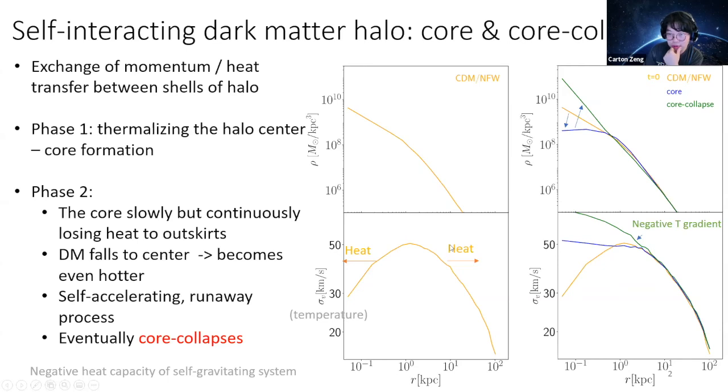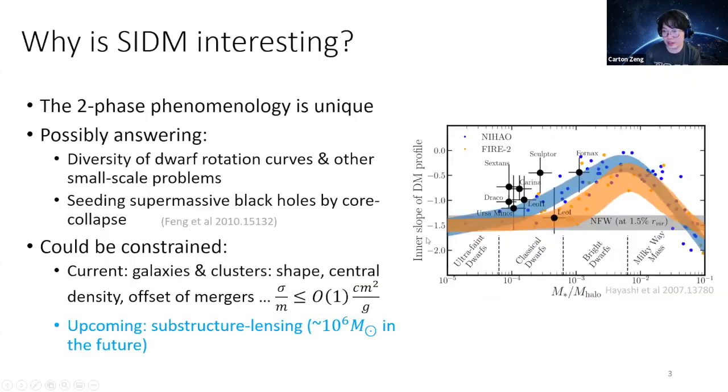So why is this two-phase phenomenology interesting? Because, in principle, it can provide possible answers to the diversity problem of the rotation curves in dwarf galaxies. I have a different figure of the diversity here.